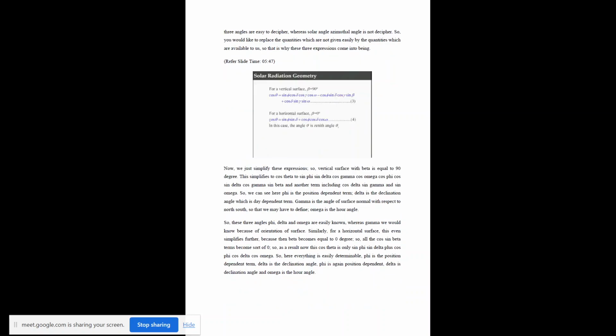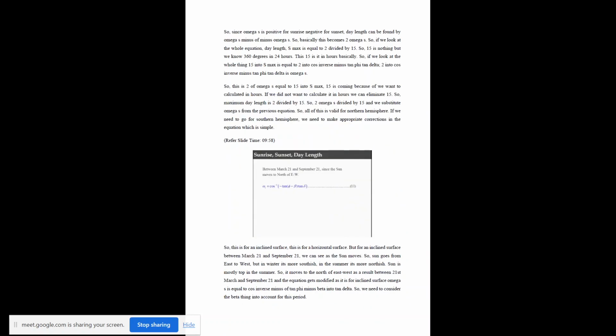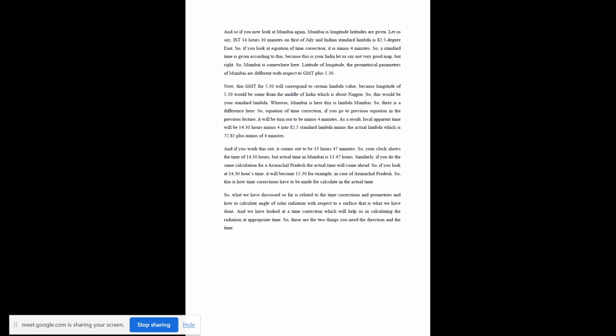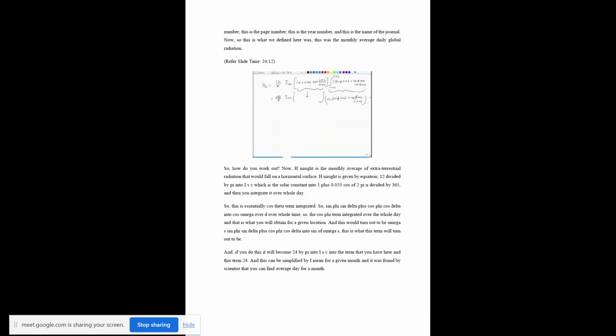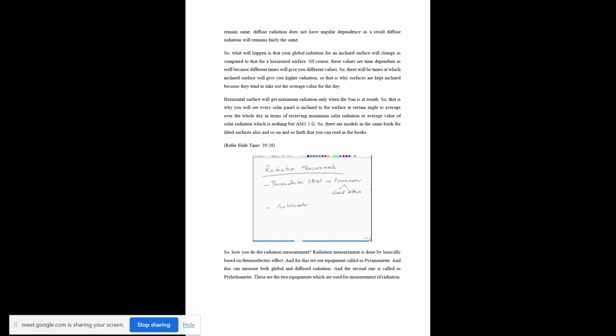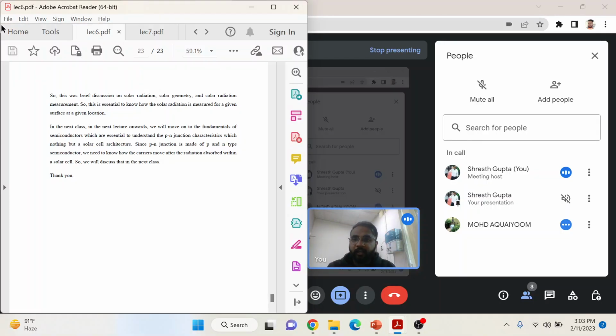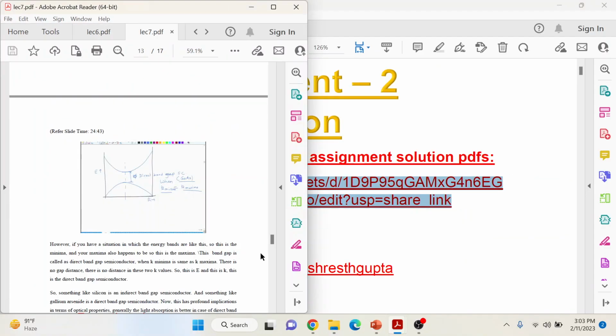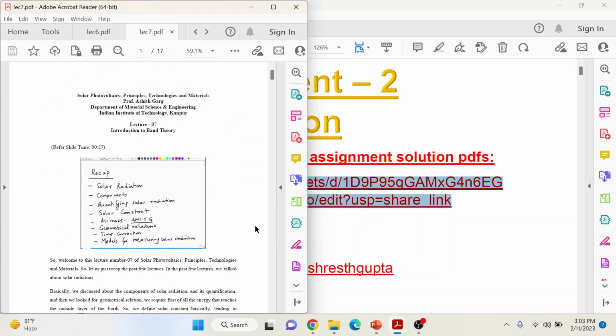Sir derived it geometrically and derived the formulas, and then did some numericals over it, which we have already tried.